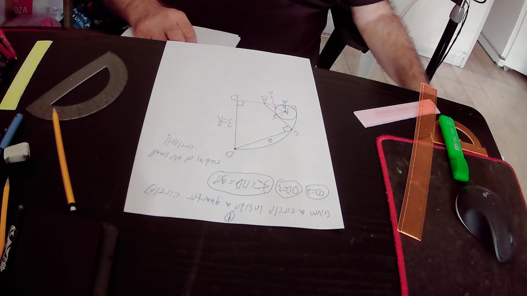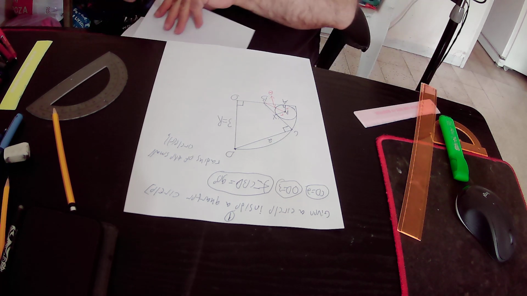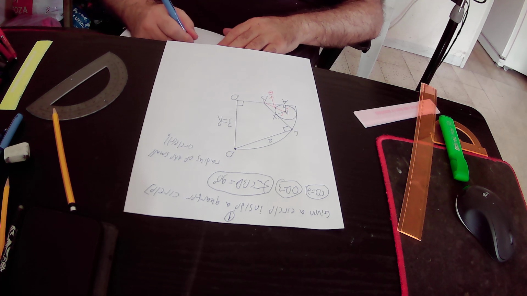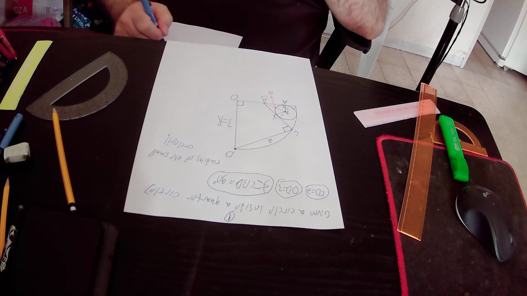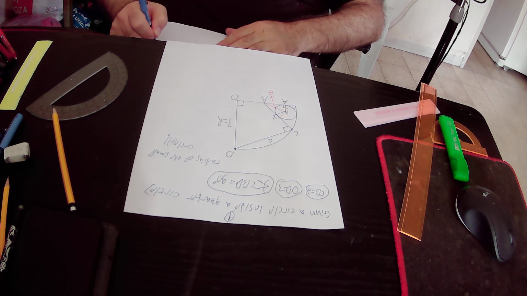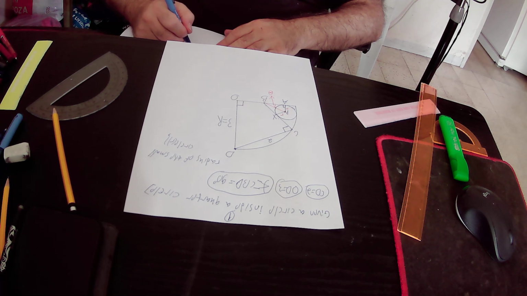Therefore, we actually proved that triangle APB is congruent to triangle PBX according to the side rule.